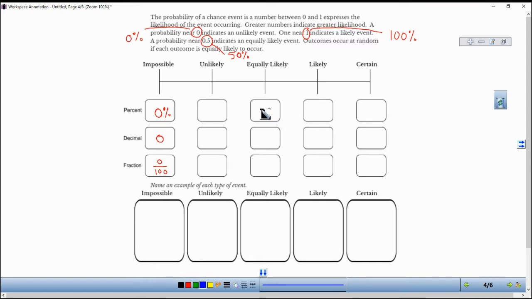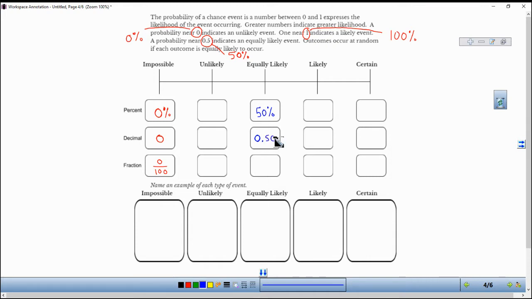Equally likely. Okay, if something's equally likely to happen, its percent is going to be 50%, right down the middle. 50 times out of 100, that thing's going to happen. The decimal would be 50 hundredths or 5/10.